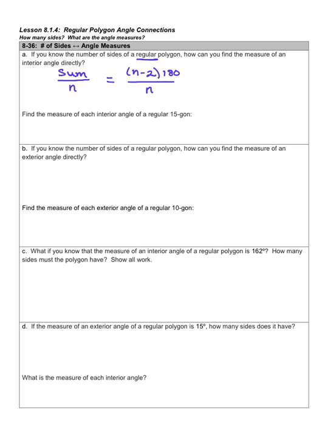So if we're asked to find the measure of each interior angle of a 15-gon, a 15-sided polygon, we're taking 15 minus 2 times 180 to find the sum of all of those interior angle measures, and then we're dividing it by 15 because we're splitting that sum up among all of the angles.